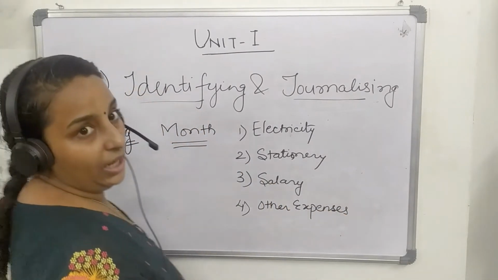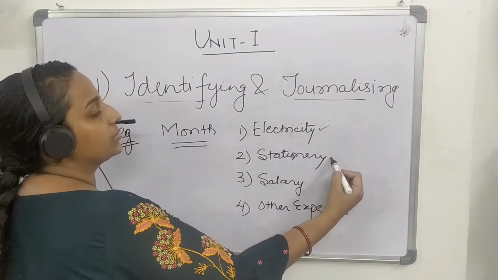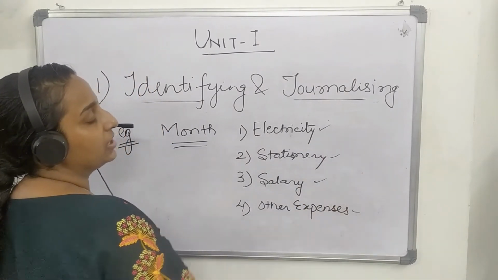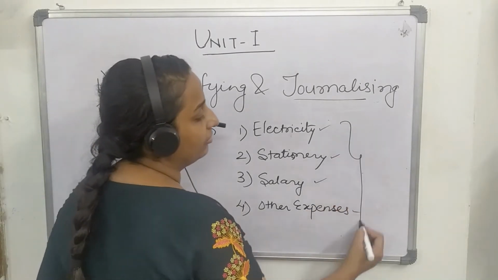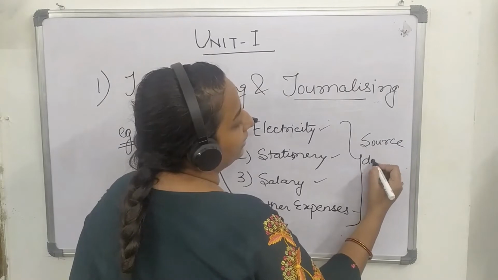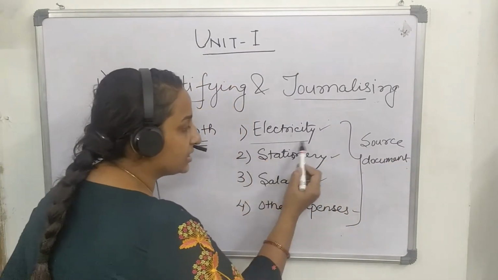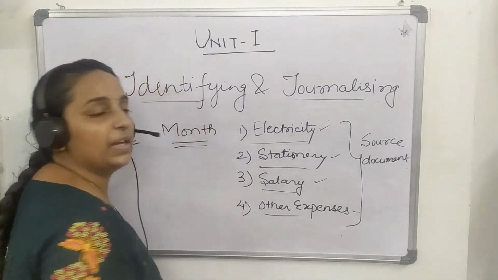Now, how will I be assured that this is an electricity expense, this is stationery, this is salary? Everything will have a source document which will show that this transaction has taken place.